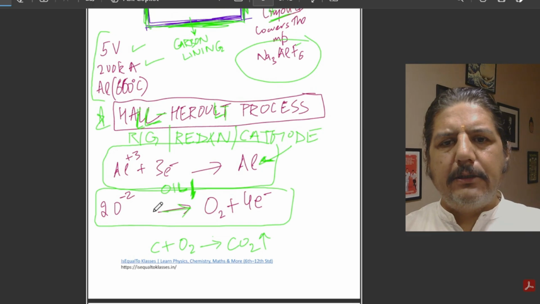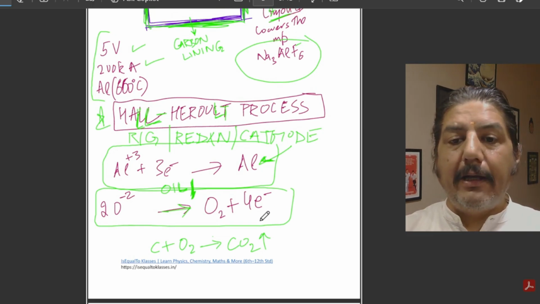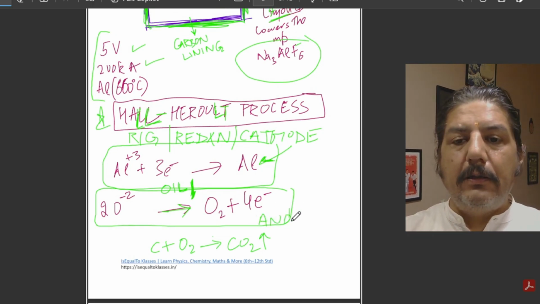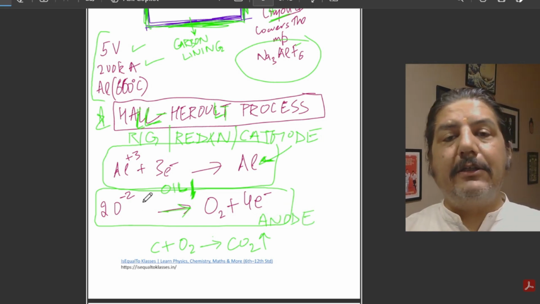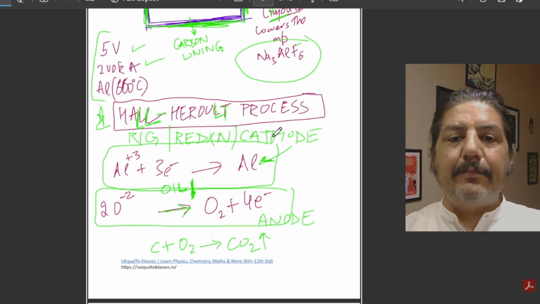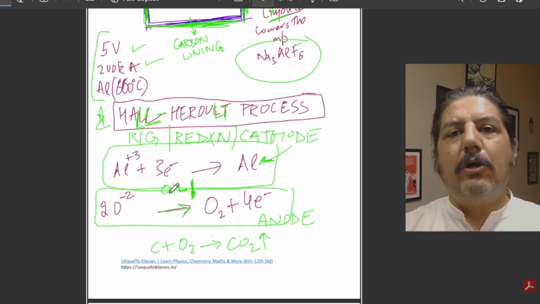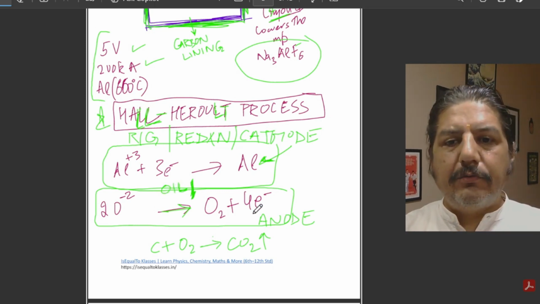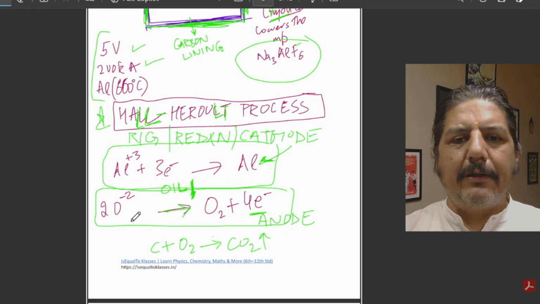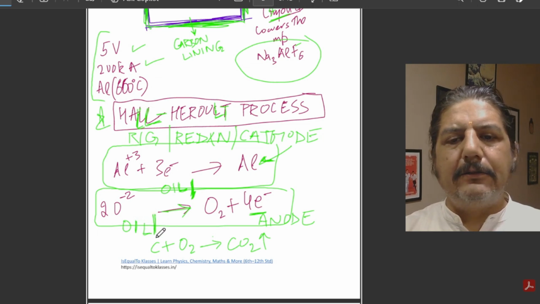So we come back to the second reaction, which will be happening at the anode. Reduction has happened at the cathode. Here, oxidation will be happening. Oxidation is loss of electrons. So of course, loss of electrons is happening.